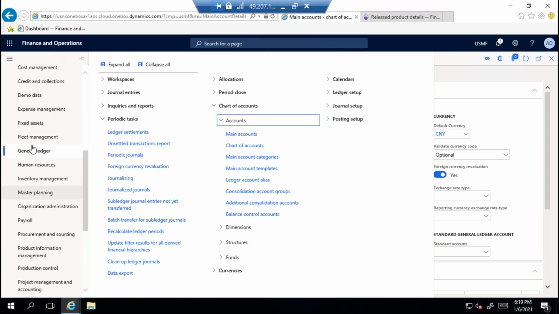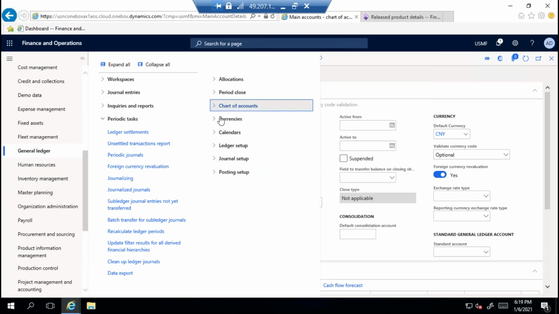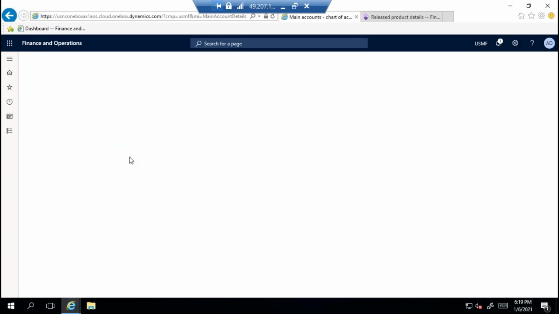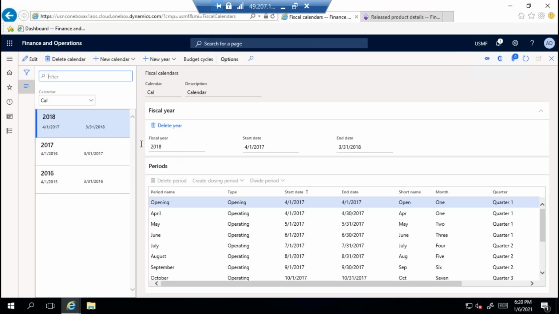General ledger. This is very user friendly and very quick. Suppose calendars, fiscal calendar. So SAP has more features and is more complex to do. But here, suppose this is the calendar.